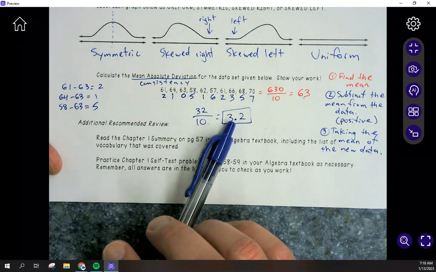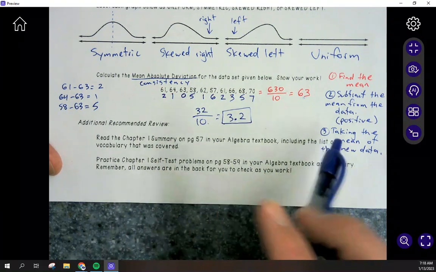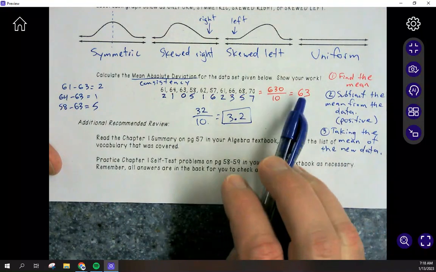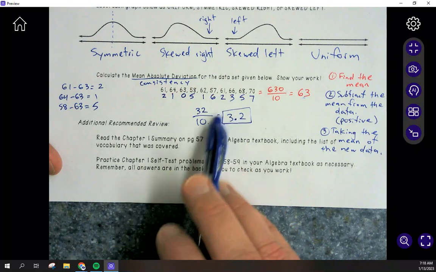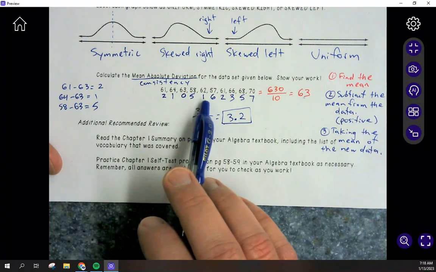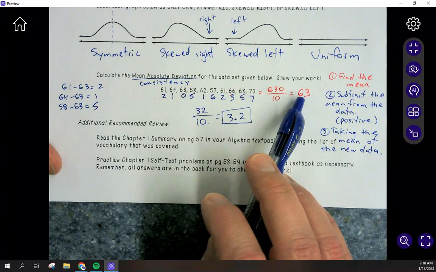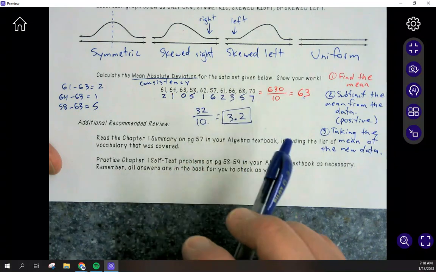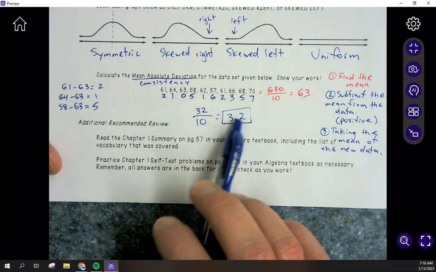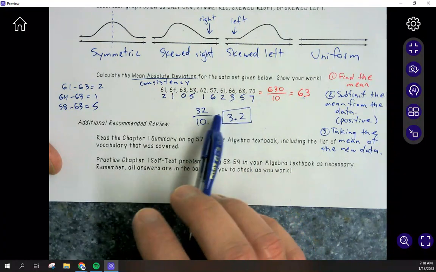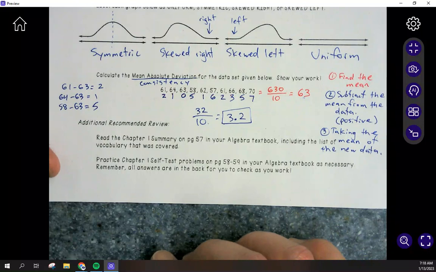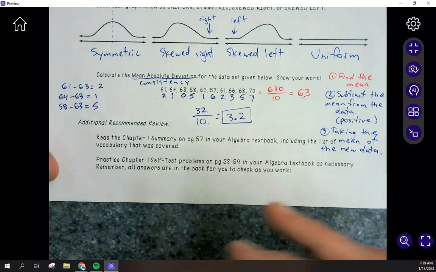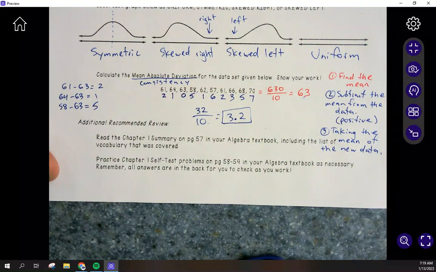Their mean absolute deviation would be bigger, okay, because they, on average, are farther away from their mean from test to test, where this person on average, so we're just averaging all of these numbers that represent how far off of the average is each individual test score or each piece of data. On average, this person, or whatever this is talking about, is 3.2 away from 63. So it's a measure of consistency. We could compare it to another mean absolute deviation and say which one is more consistent.